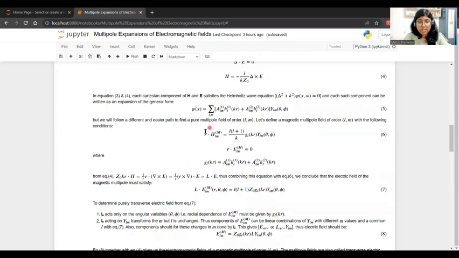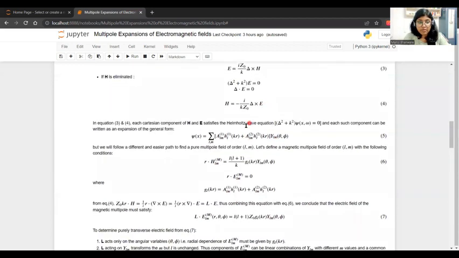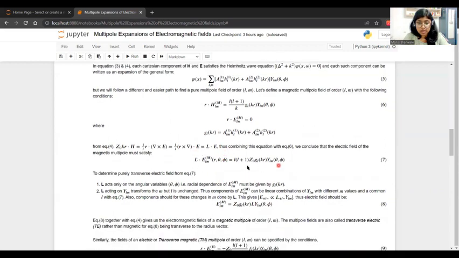In this expression, this is the radial function, and from equation number 4, we get this expression, and combining equation number 6 with this equation, we get equation number 7. Now, the electric field of the magnetic multipole must satisfy equation number 7.